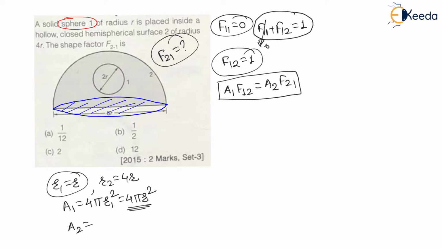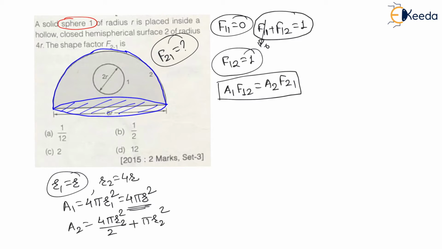This circular area is also in contact with 1 for the radiation heat transfer. Therefore, area 2 in contact with 1 for the radiation will be equal to 4 pi r2 square divided by 2, that is the hemisphere surface area, plus the circle area, that is pi r2 square.